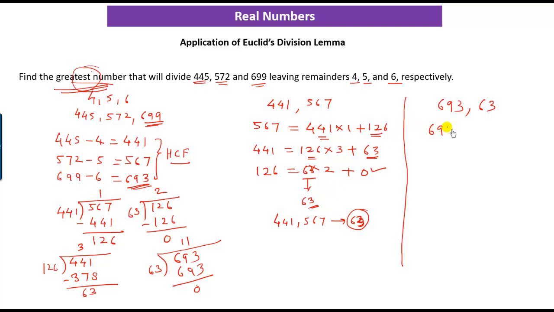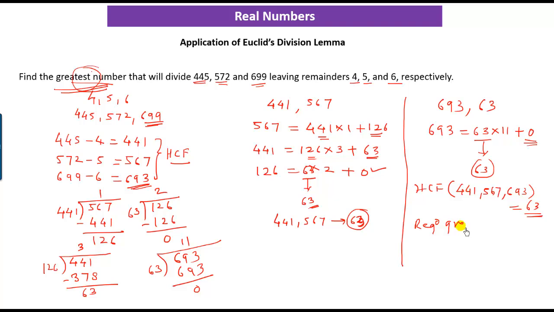So it is written as 693 is equal to 63 into 11 plus 0, and therefore the remainder is 0, so the HCF will be 63. And since the HCF of 441, 567 and 693 is equal to 63, the required greatest number is equal to 63.